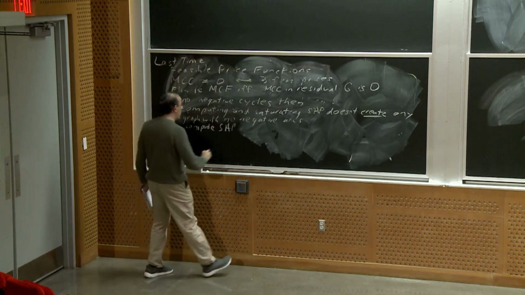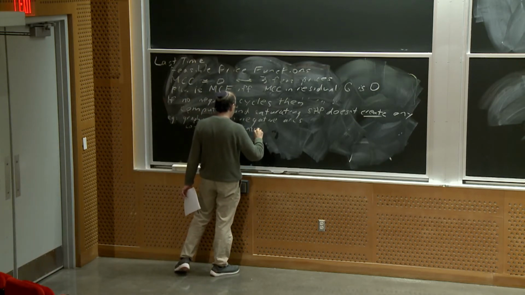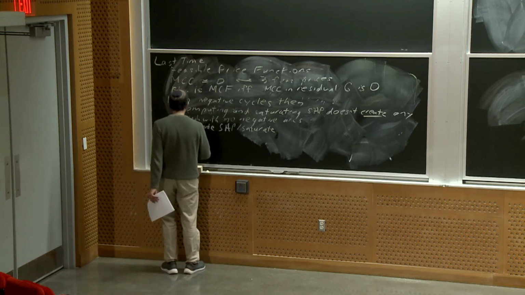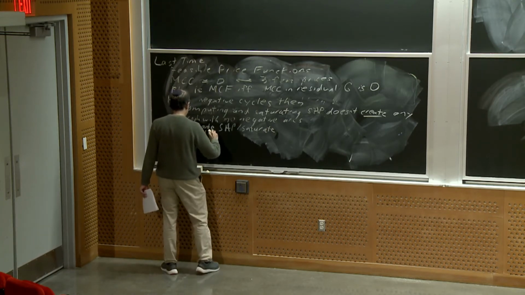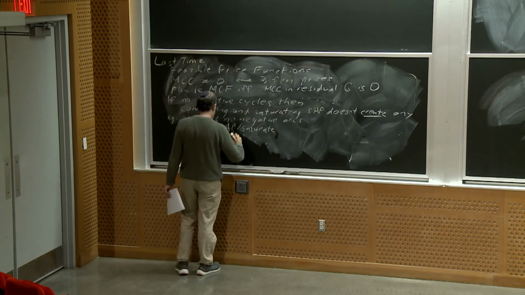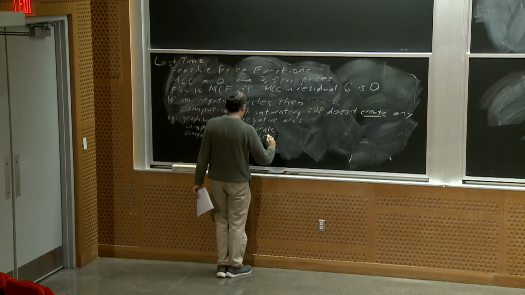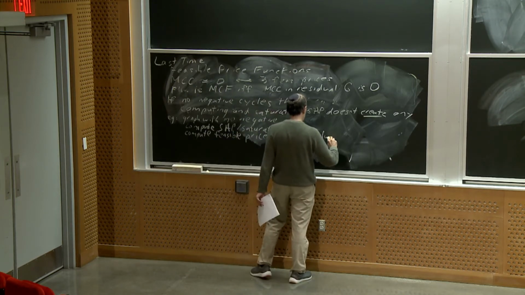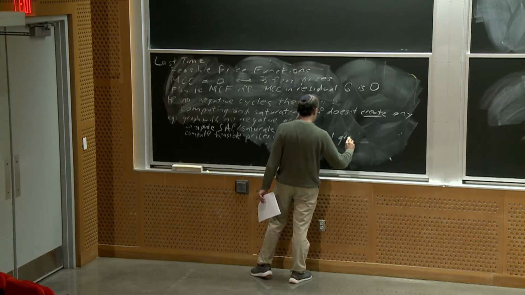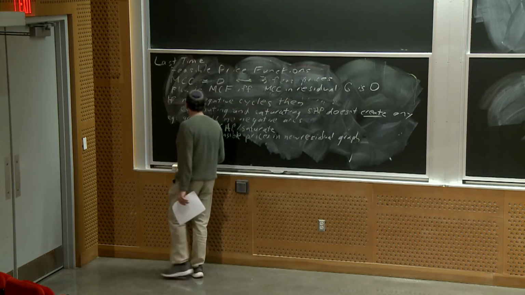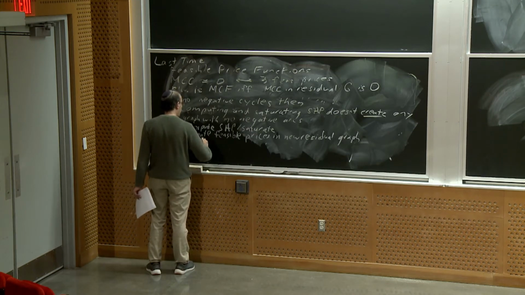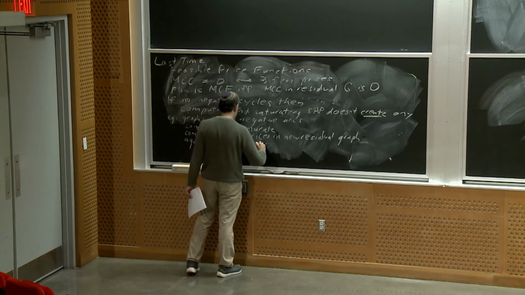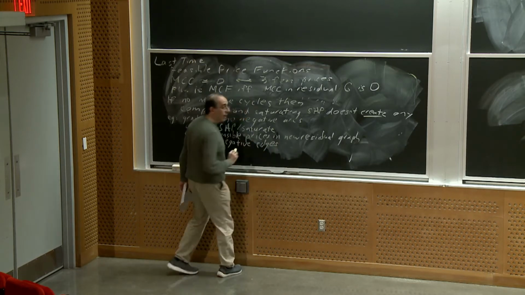And you saturate that shortest augmenting path. That doesn't create any negative cycles, and so now you can compute feasible prices in the new residual graph.